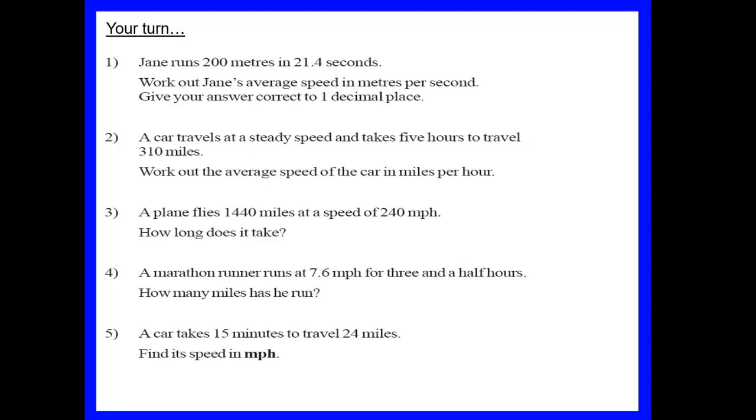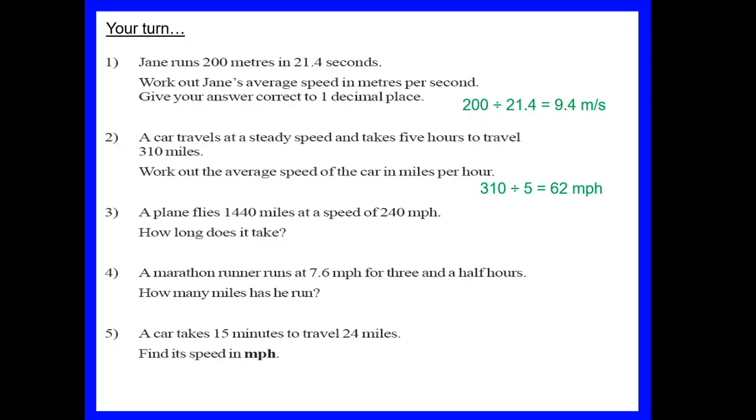Okay, let's have a look at the answers for these then. So for the first one, we're working out Jane's speed and we're told to give the answer to 1 decimal place. So we should have 200 divided by 21.4, which is 9.4 metres per second to 1 decimal place.